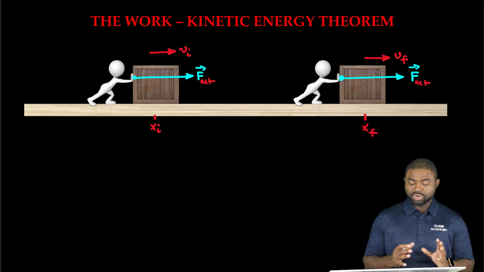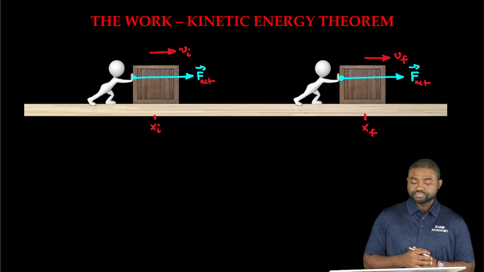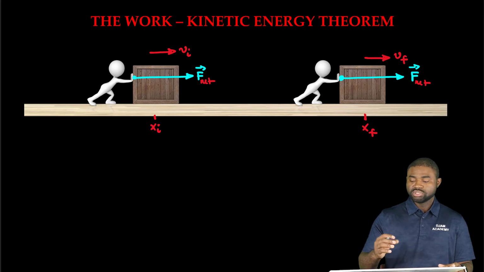Suppose we have a box. A box is being pushed by an external force F to the right, and let's say that the box initially has speed Vi, and because of the application of the force, the box accelerates to a new speed Vf.